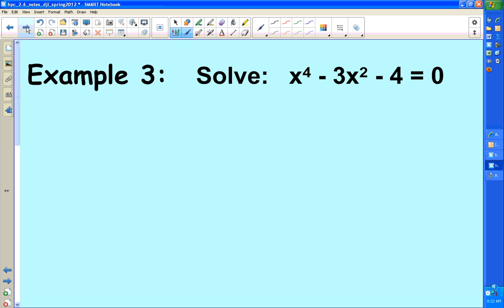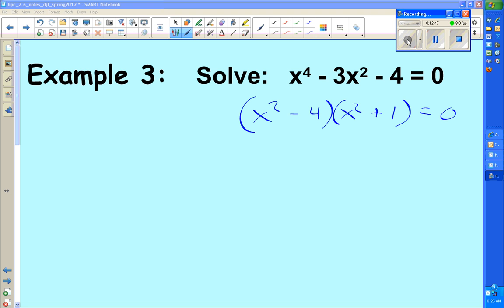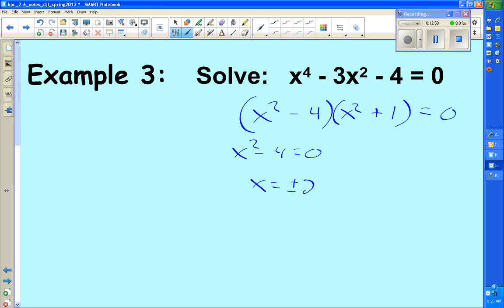Try this one, whichever way you want. So magically, x squared minus 4 and x squared plus 1 just appeared. So x squared minus 4 equals 0, x equals plus or minus 2.